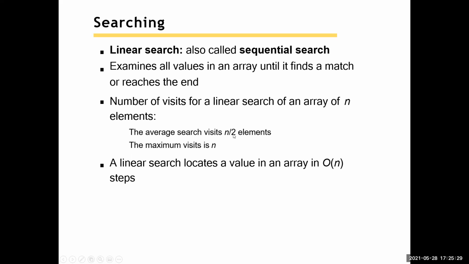That means if I have 10 elements, on average I'm going to have 5 visits before I find what I'm looking for. Because we don't use the fraction, we just put the n, which is the maximum. So linear search is going to cost me big O(n). That's going to grow as my list grows.